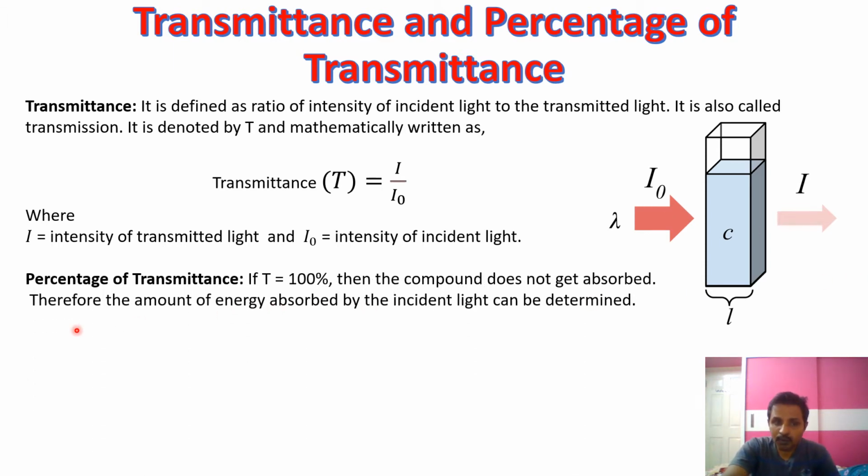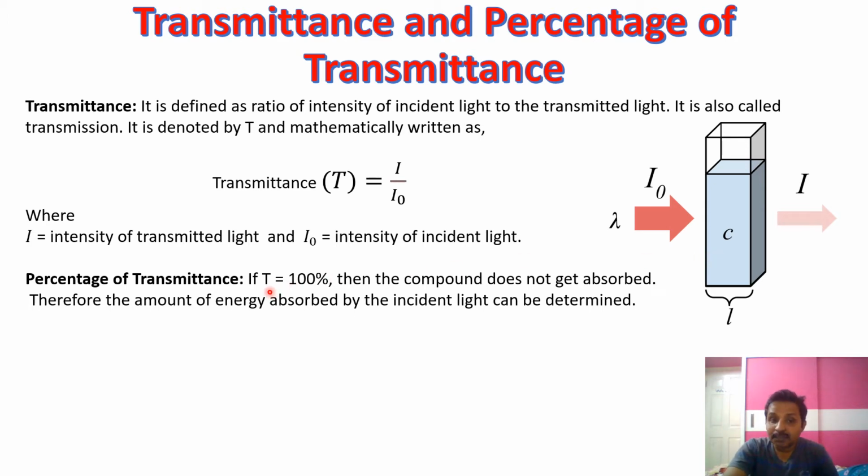Now let us discuss the percentage of transmittance. Suppose transmittance T is 100%, that is, there is no absorbance by the sample.